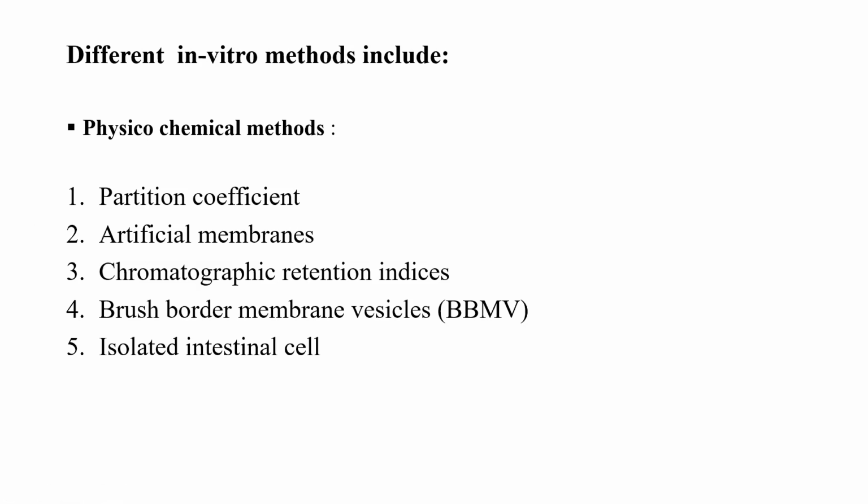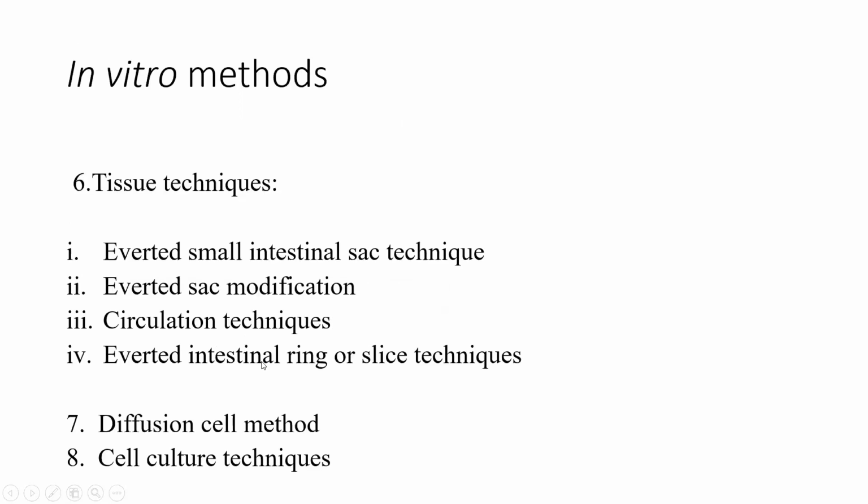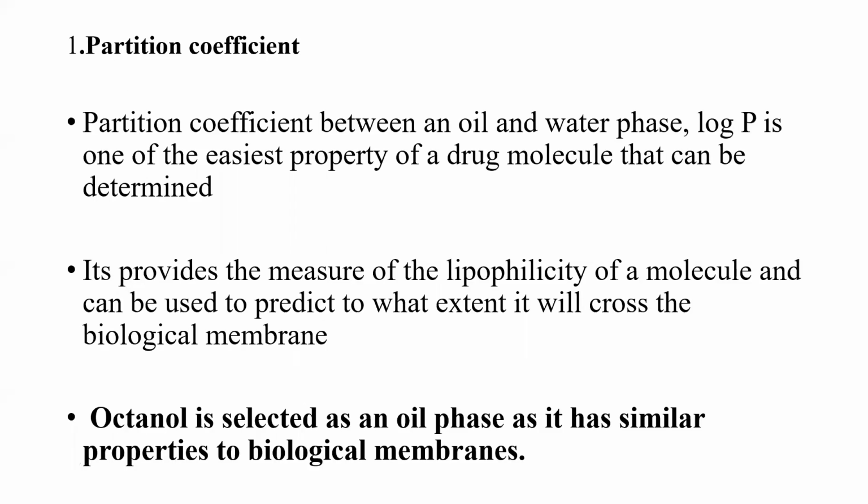You can use brush border membrane vesicles and isolated intestinal cells. Then you can use various tissue techniques which have been discussed: everted small intestinal sac technique, circulation technique, everted intestinal ring or slice technique, diffusion cell method, and cell culture techniques.